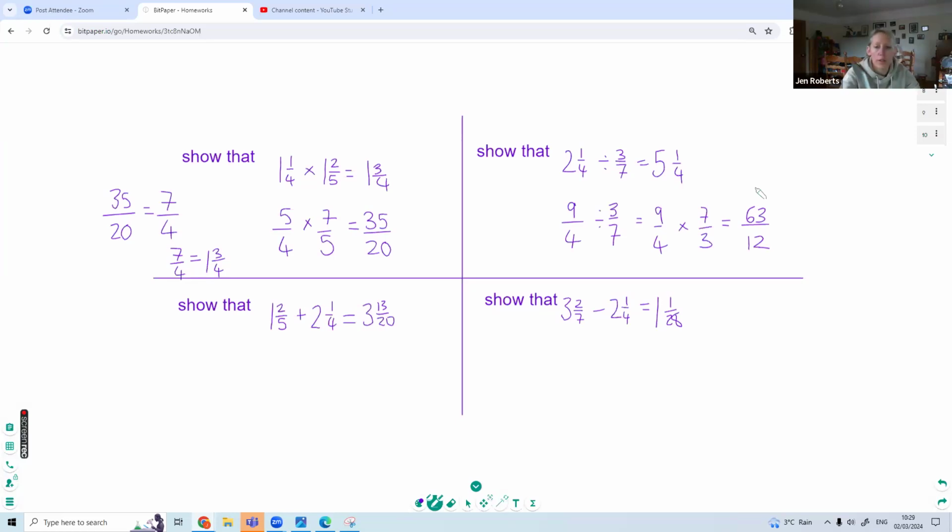I've got a fraction button here. So you just press equals. You'll see it simplifies to 21 over 4. And then let's change it back to a mixed number fraction. 4 into 21 is 5, remainder 1.